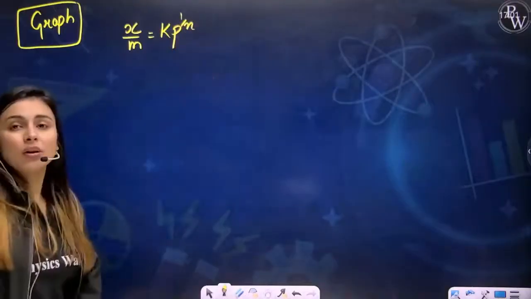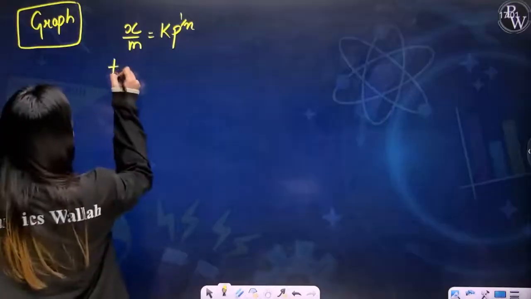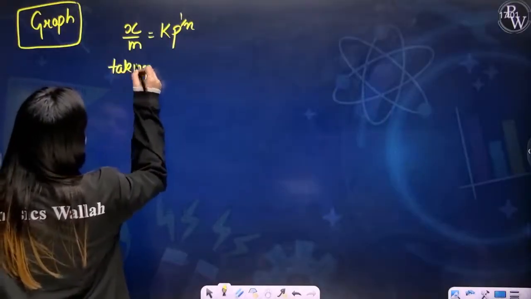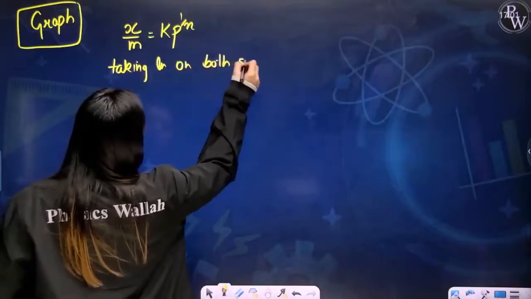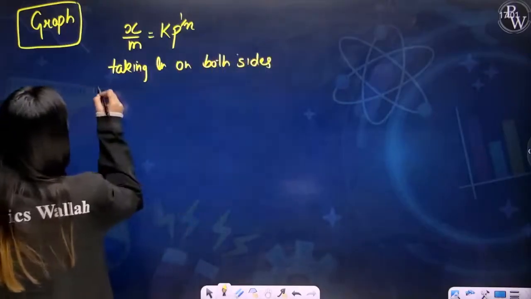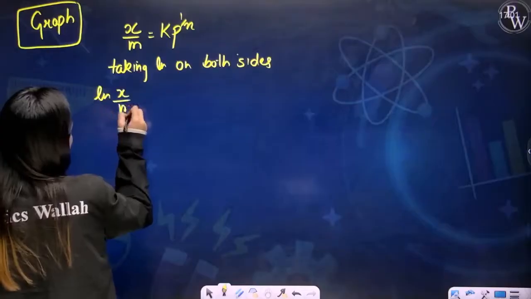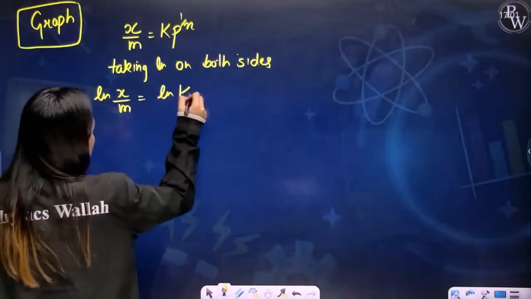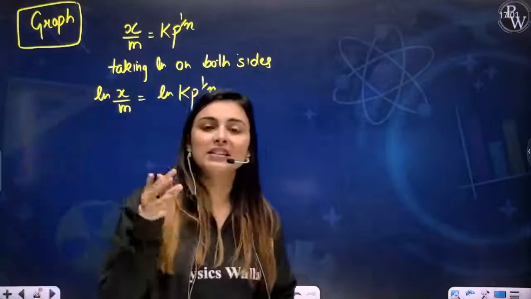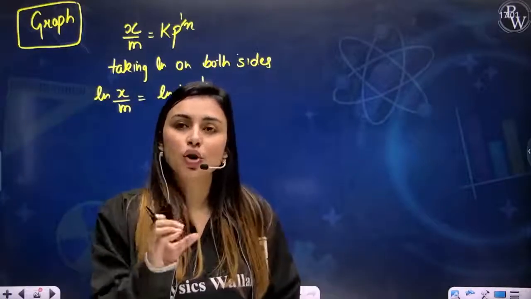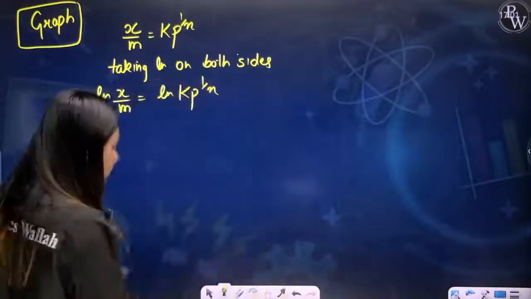Okay, so now let's take log on both sides. Taking ln on both sides, what will happen? ln of x upon m will be equal to ln of kp power 1 upon n. You know that natural log of x into y is actually equal to natural log of x plus natural log of y.